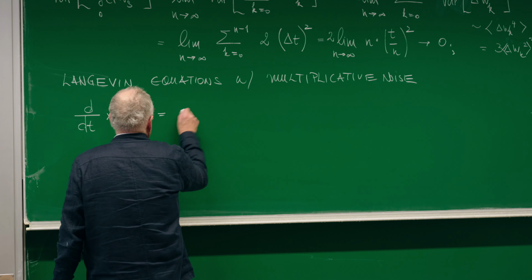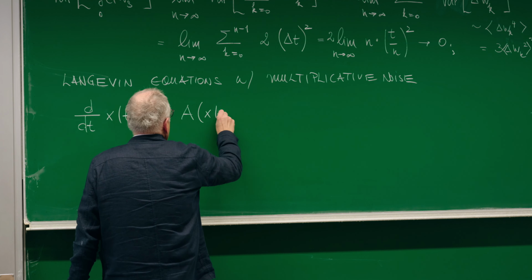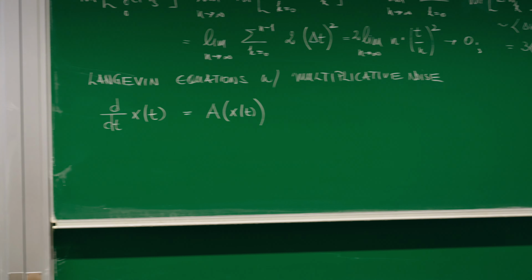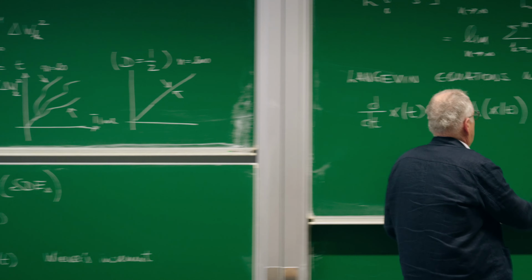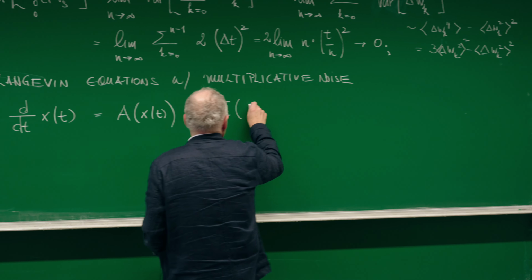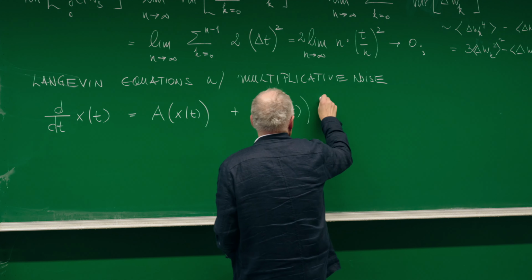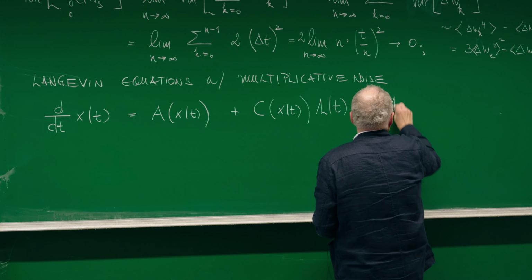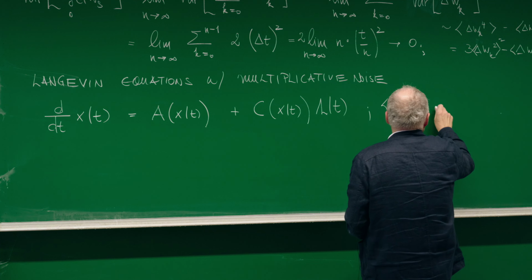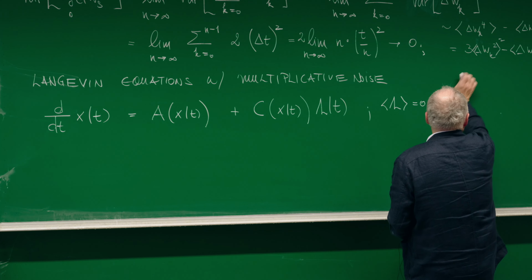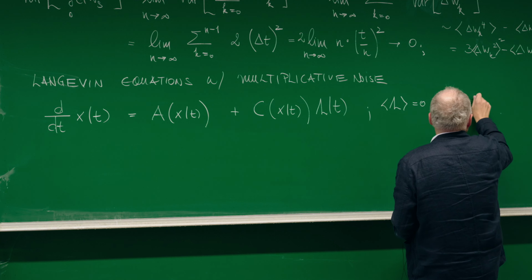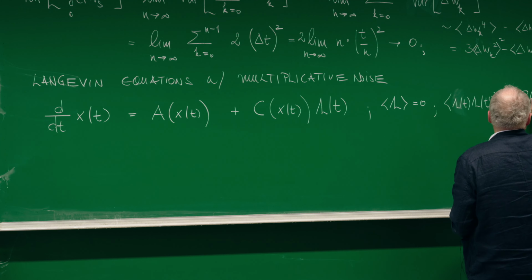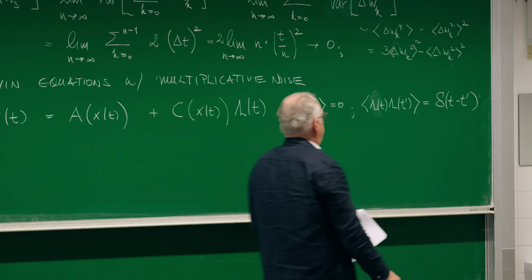I have a drift term, as usual, a of x of t. But now I'm saying that the noise term also depends on position. So I write here a function c of x and t times lambda of t, with lambda average being 0 and the correlation of lambda of t and t prime having unit variance, so that is delta of t minus t prime.